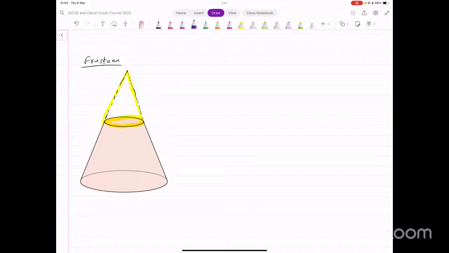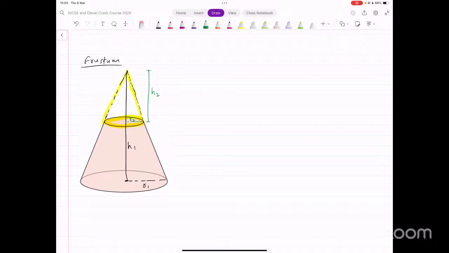For the bigger cone, you can say that this is the height. This is the height of the bigger cone. And then you have the smaller cone that's taken out of that. Let's call this H2. The bigger cone has a radius, let's say that's R1, and the smaller cone has a radius, let's say that is R2.